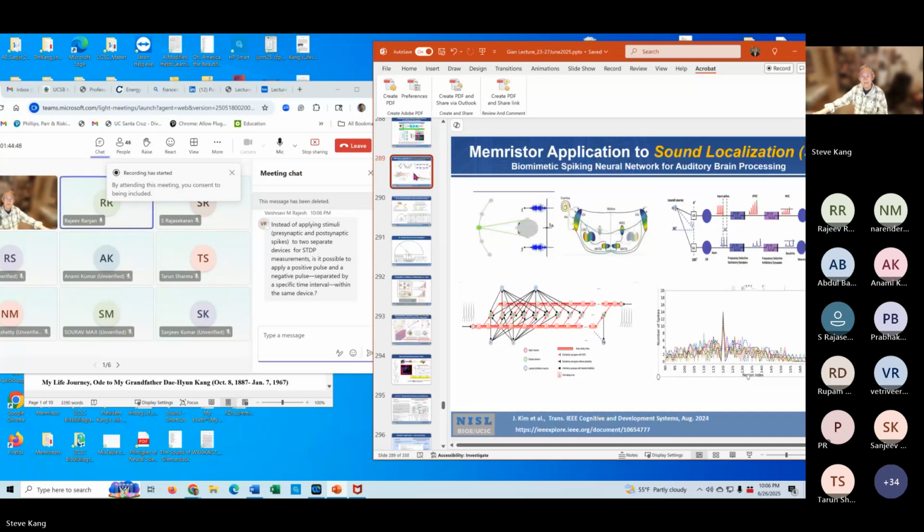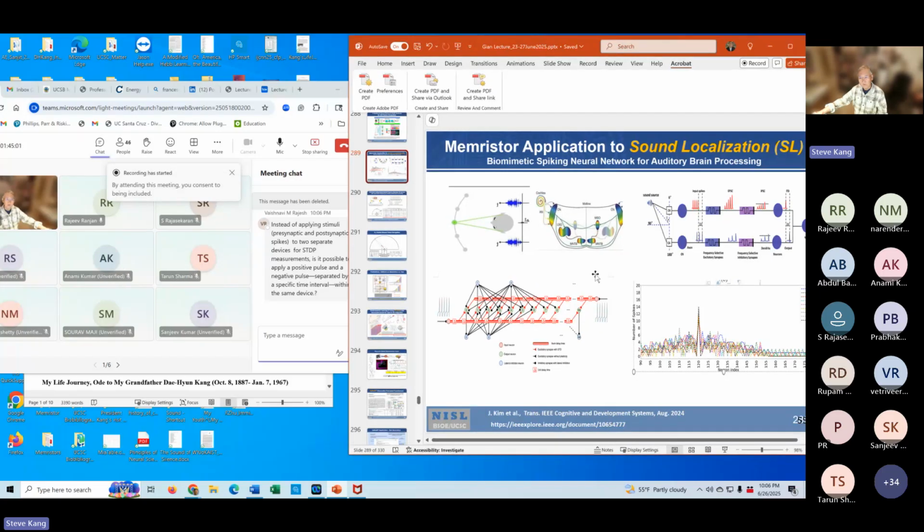Here we take the intensity of the sound or the frequency of the sound? Intensity is assumed to be, I don't know what level it was, but frequency, we showed that it can handle different frequency ranges, I think. We may have some statistics.